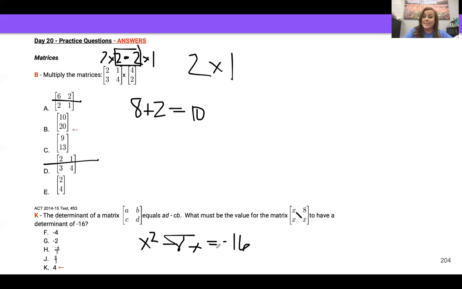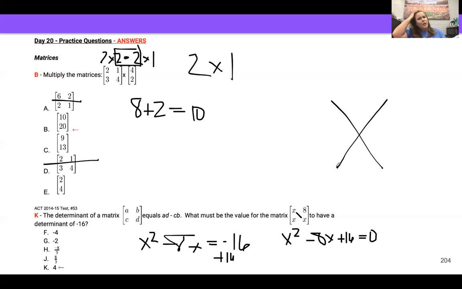So let's get this 16. If I add 16 to both sides, then all of a sudden I get x squared minus 8x plus 16 equals 0. So now I can factor. I'm not sure how every Algebra 1 teacher teaches it, but this is one of the methods, which is called X factoring.